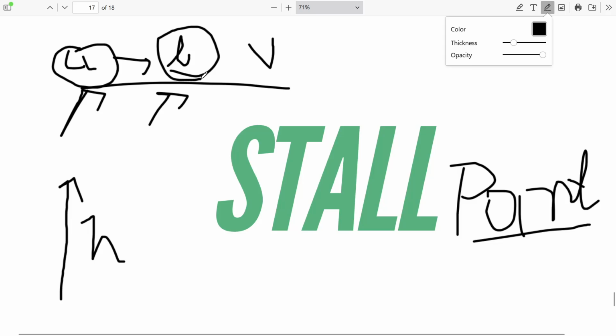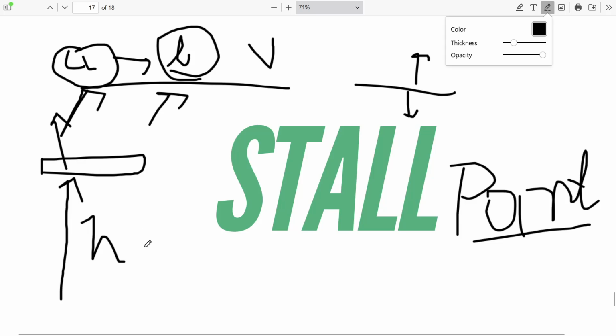Then all the forces will come to a balance, and your aircraft is basically stuck at the same height. You cannot go any further. You can only come down.